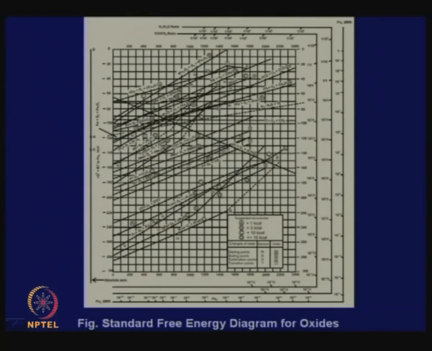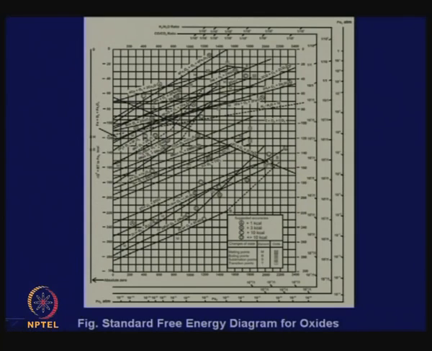Because you have one molecule of gas on the left hand side, O2, and two molecules of gas on the right hand side. So, you are creating a lot more gas out of this reaction. So, the entropy here is increasing on the right hand side. So, now this gives you a negative slope. That is why when these lines have a positive slope, this has a negative slope.